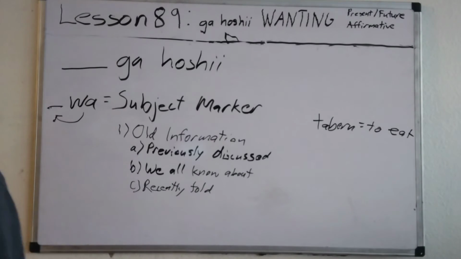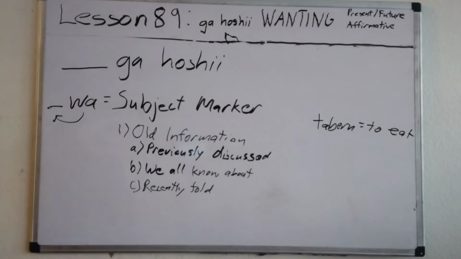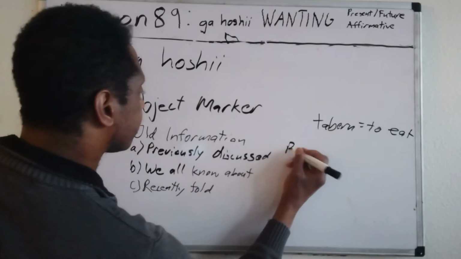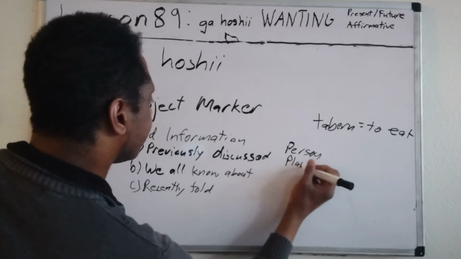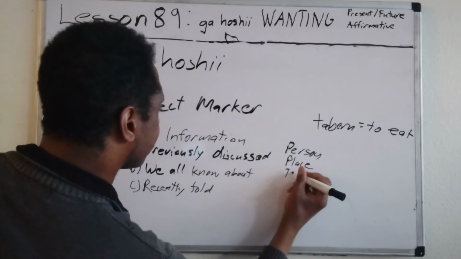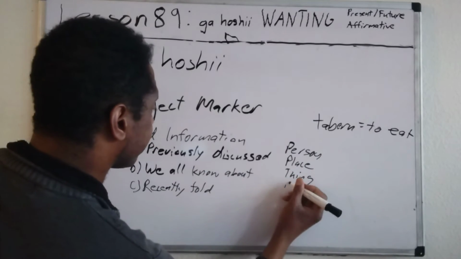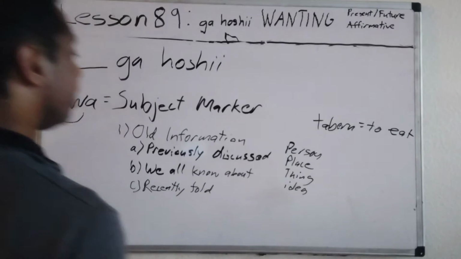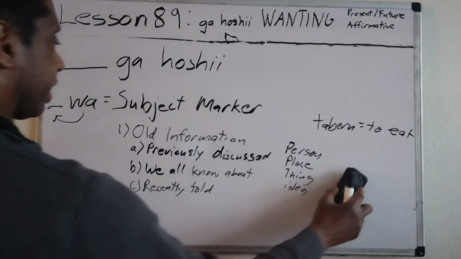You know, when we say information, it's not necessarily data. It could be a person. We all know someone or so. It could be a person, a place, it could be a thing, it could be anything, an idea. It's old information. Okay?